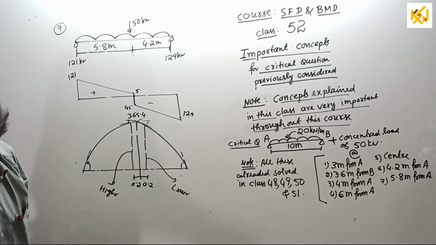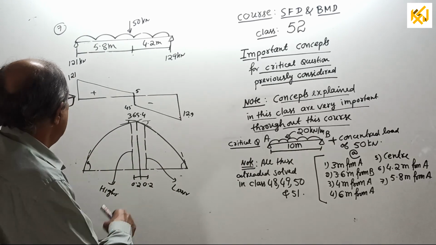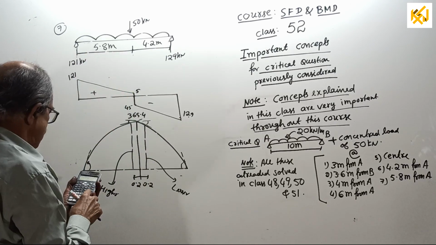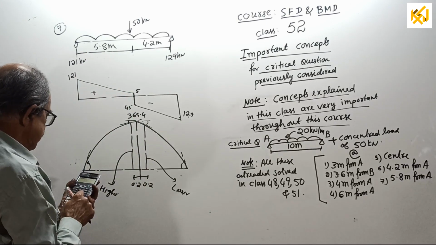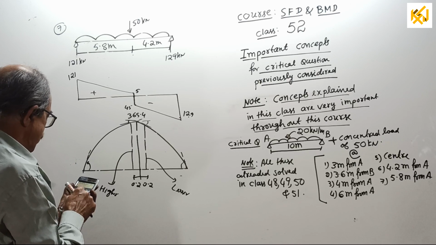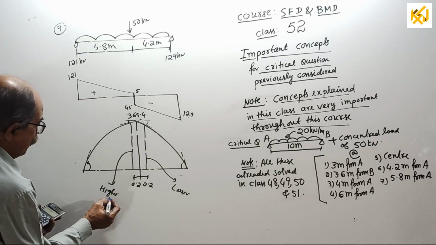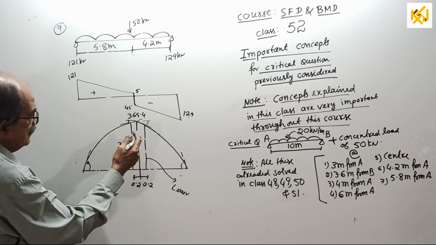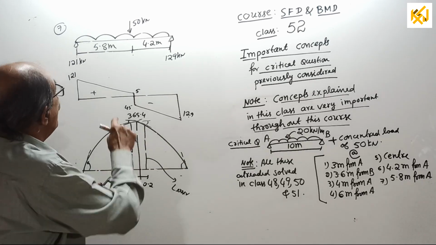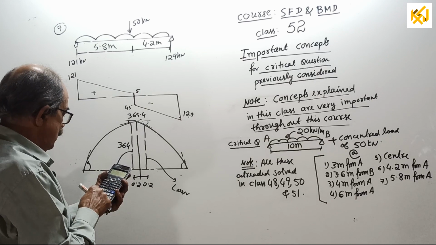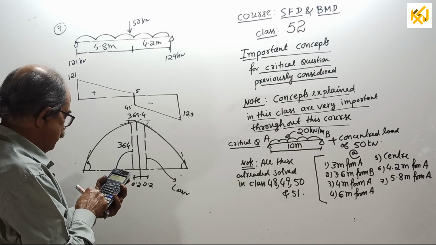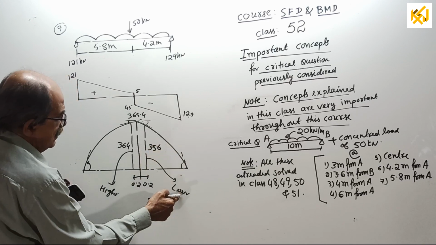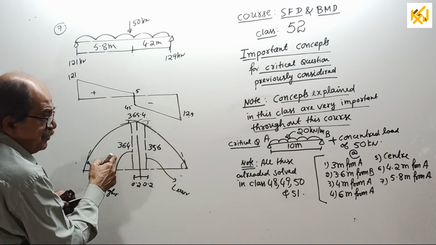Check it. I forgot the number last time. If I come by 0.2 meter here, then it will be 5.6 meter. 121 into 5.6 minus 20 into 5.6 into 5.6 by 2 is 364. I think we got 364 here. That side, 0.2 means 4 meter only. 129 into 4 minus 20 into 4 into 2 is 356. Yes, see, I told that should be lesser, this should be higher.